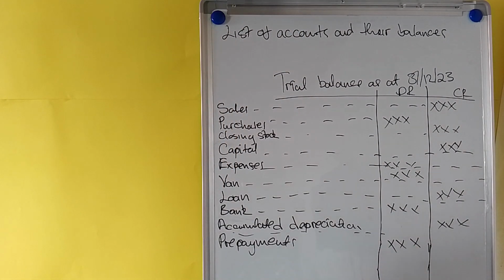So this is basically what happens in the trial balance. As you put in the figures and try to balance everything, it should come to balance. When it balances, you take the information from the trial balance and do a statement of income or a statement of profit and loss.